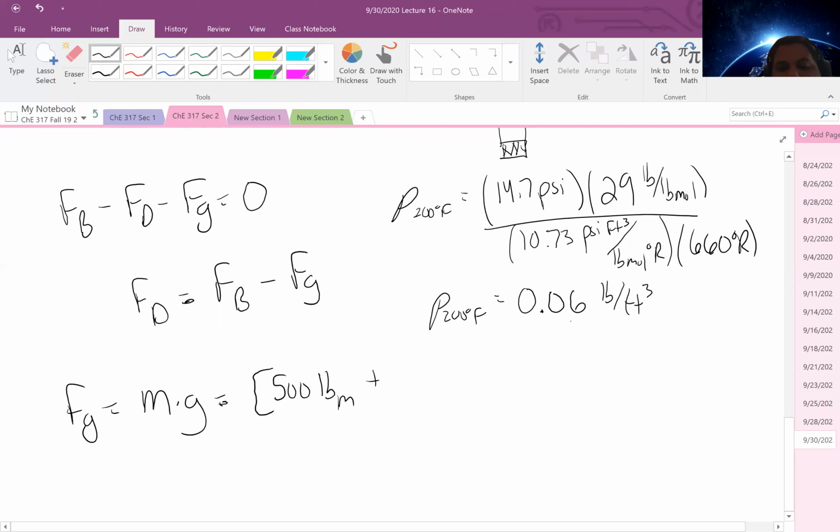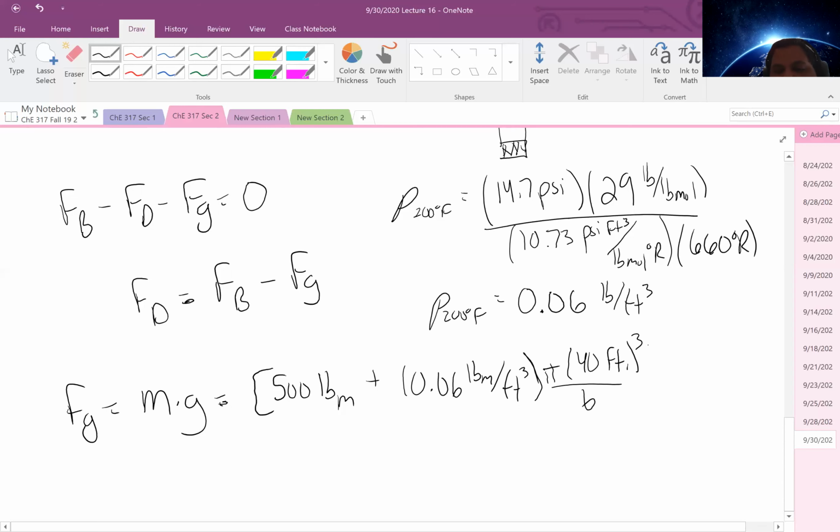With that in mind, I can then solve for the mass of the air in the balloon and say it is 0.06 pounds per cubic feet times pi times the diameter, which is 40 feet, cubed, divided by 6.